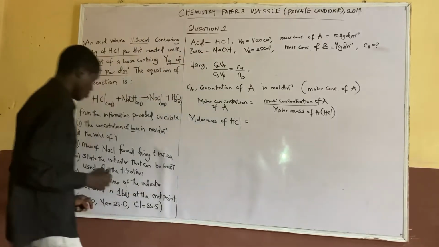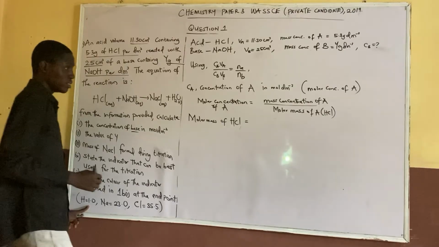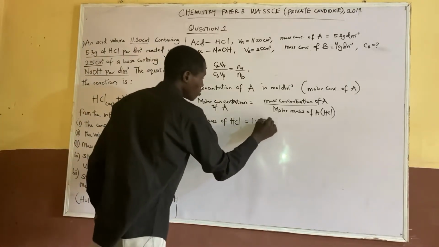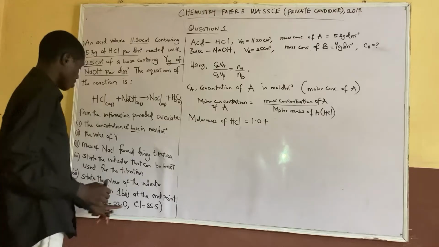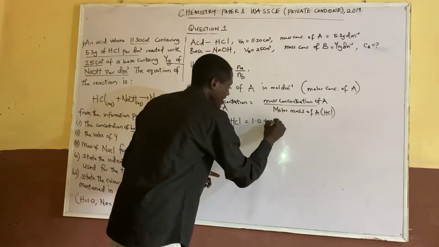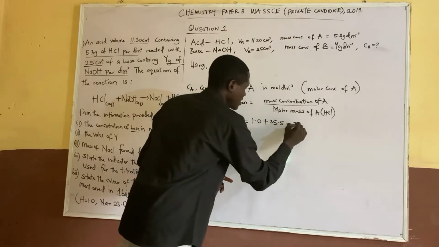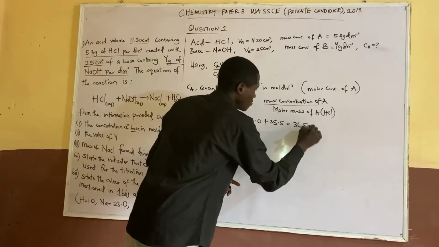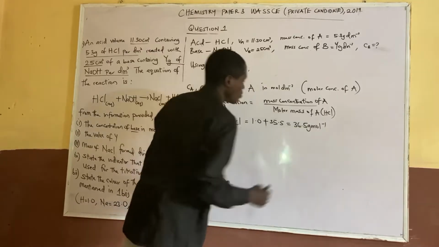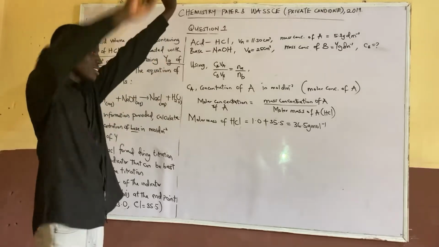The relative atomic mass of hydrogen here is 1.0 plus the relative atomic mass of chlorine, which is 35.5, equal to 36.5 gram per mole.